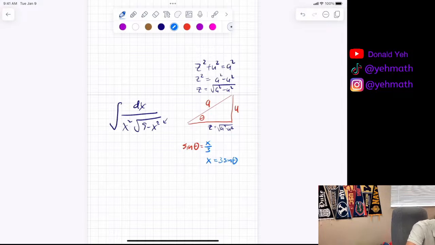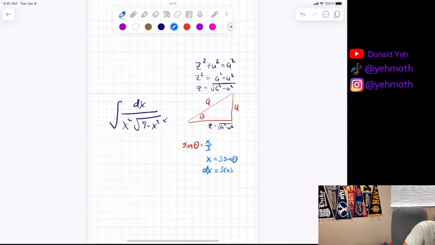One more thing before I start substituting: take the derivative. Good job. What's the derivative of x? What's the derivative of 3 sine theta? 3 cosine theta d theta. Good. So can I replace the dx with 3 cosine of theta d theta?